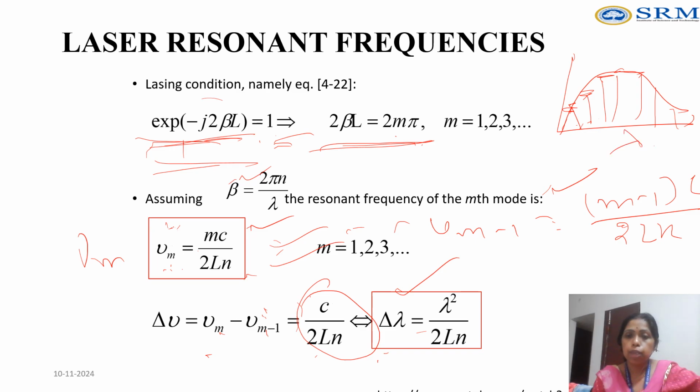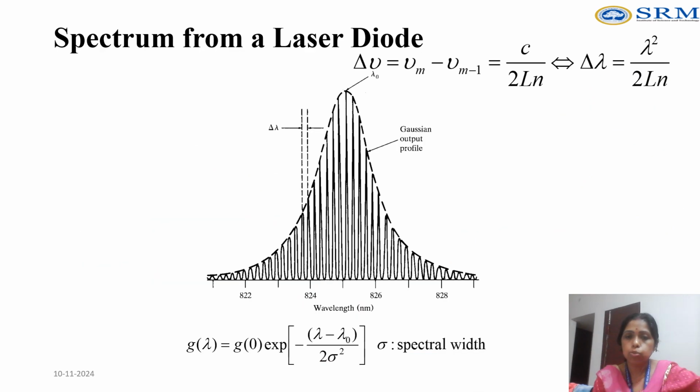So this is the lambda versus gain graph. You will get this delta lambda, lambda square by 2L, the spacing for each mode. So you can see the gain versus wavelength curve.